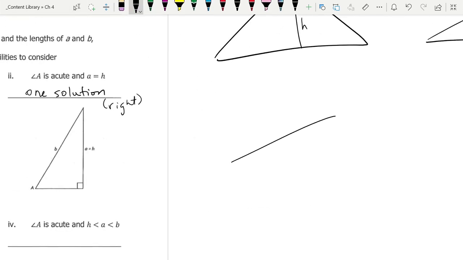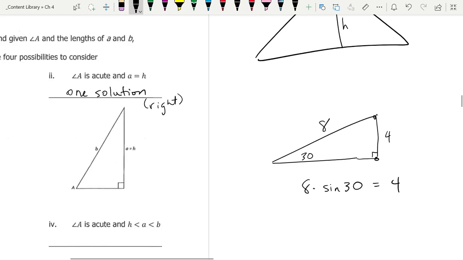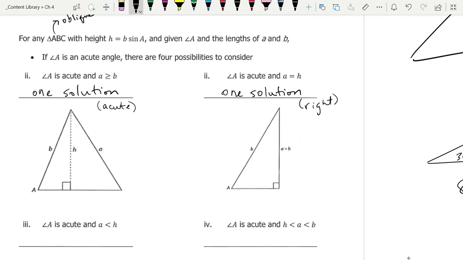Remember, I made you draw a 30-degree angle and a side that was 8 centimeters long. Then I told you the opposite side had to be 4. And if you drew it properly, 4 was just long enough to make it to that bottom line. And the reason for that is because 8 times the sine of 30 is 4. So this little formula can tell me that even though they just gave me ABC and didn't tell me it was a right triangle, if A equals h, it is a right triangle.